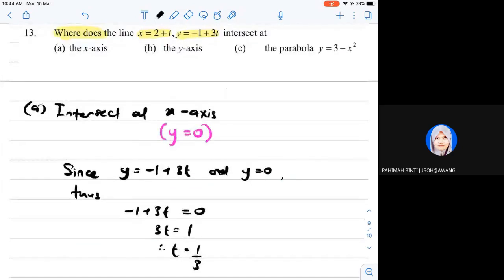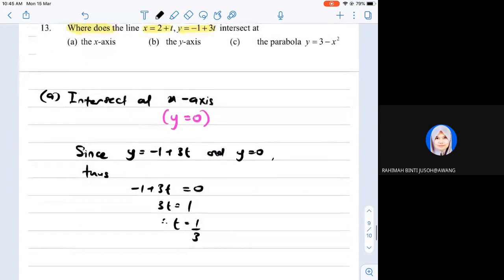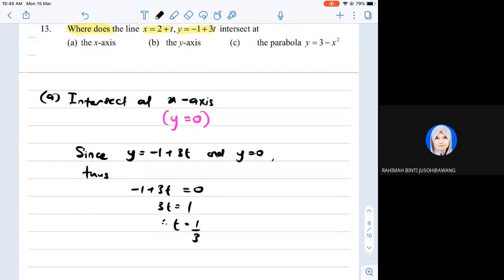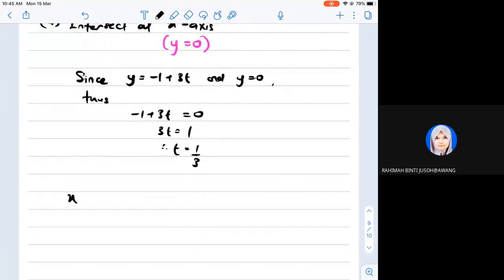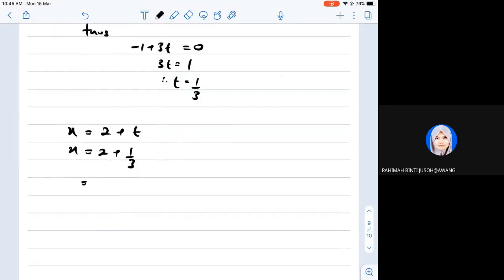Okay, now we need to substitute in what? To find this point, where do we substitute? X, yes, very good. Substitute into x, because y is already 0. So x equals to 2 plus t, isn't it? So x equals to 2 plus 1 over 3. What should you get? 2 plus 1 over 3. 7 over 3, isn't it?